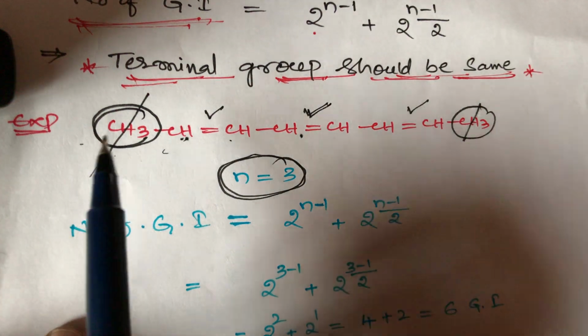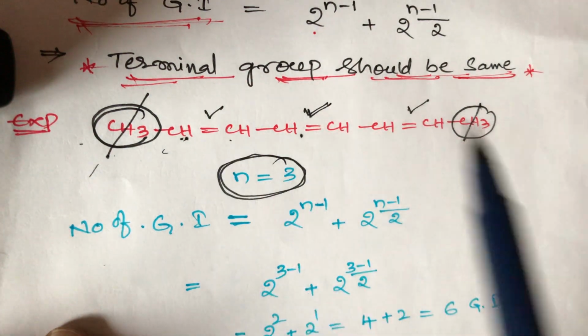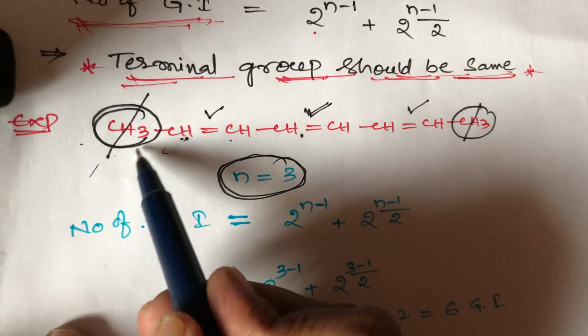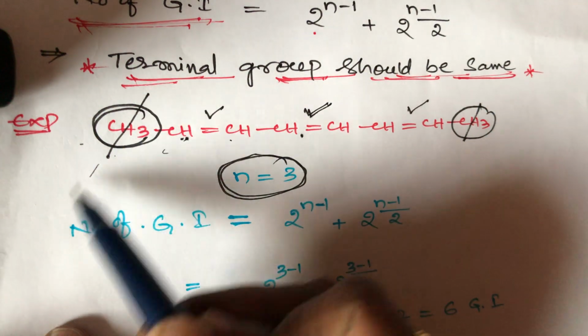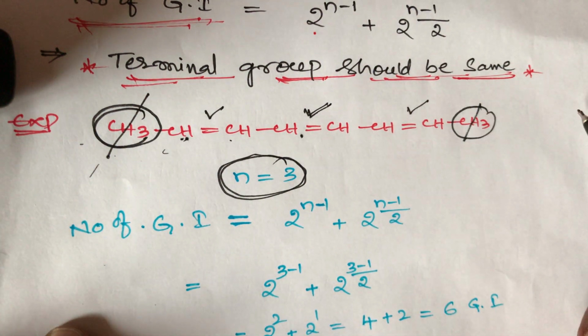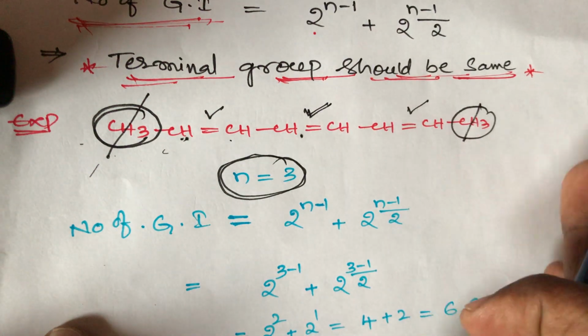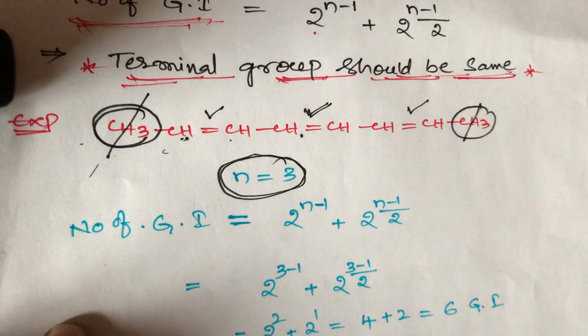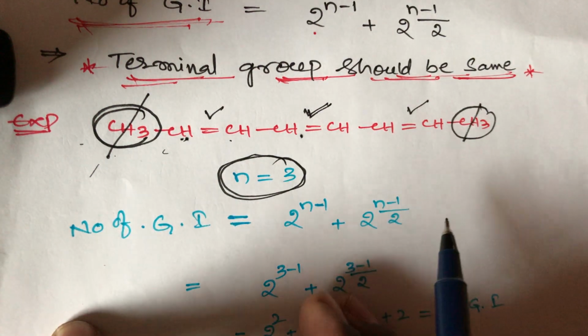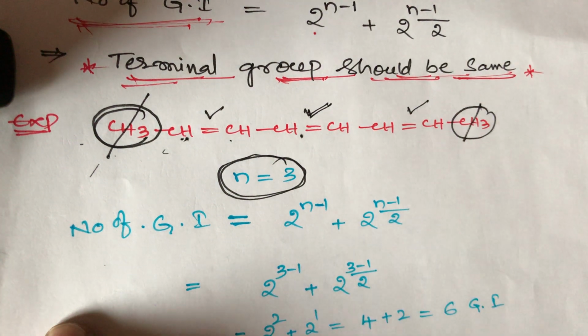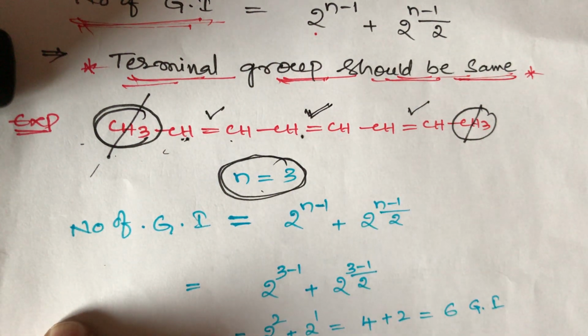So the condition is that the terminal groups should be the same: the left side has one methyl group, the right side also has one methyl group. And n value 3 means the number of double bonded carbons that will show geometrical isomerism.